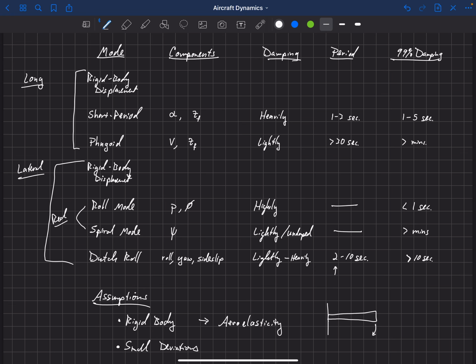Now, some fighter aircraft may get into modes that are outside of this. They can be highly nonlinear modes, or at really high angles of attack, or just deviate from these small perturbations that we've been talking about here.